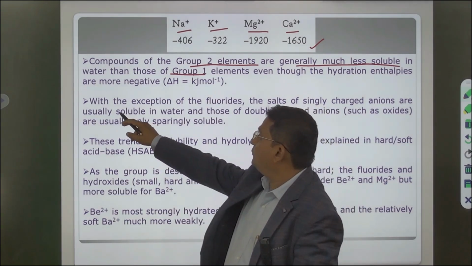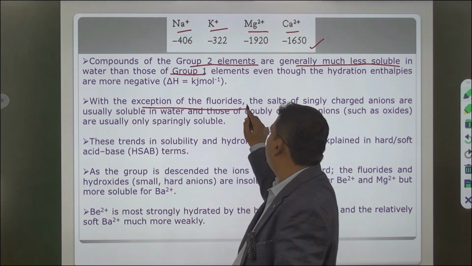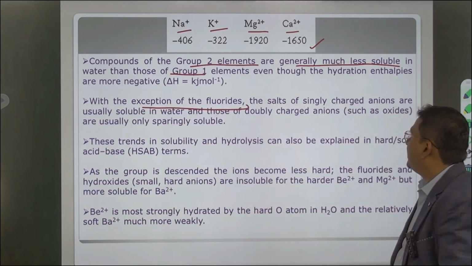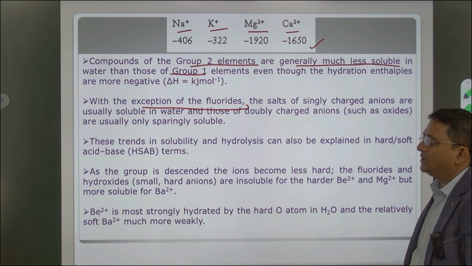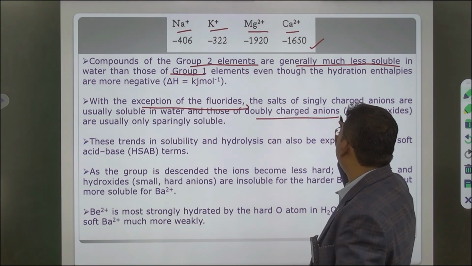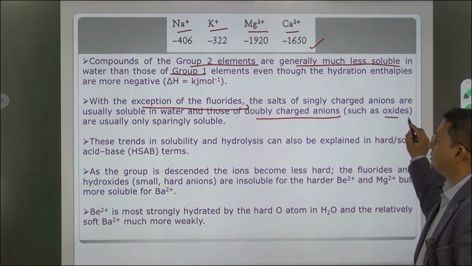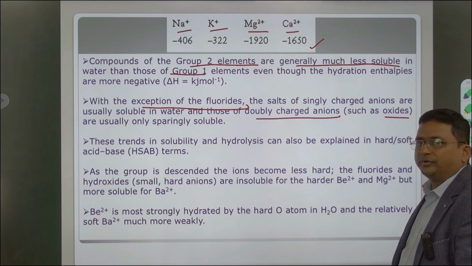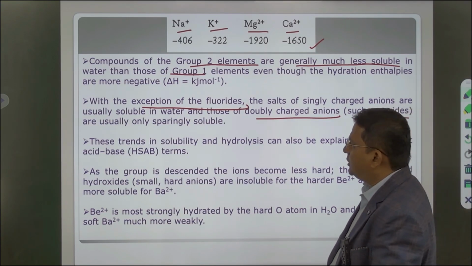With the exception of the fluorides, the salts with singly charged ions are usually soluble in water, and those with doubly charged anions, such as oxides, are usually only sparingly soluble.